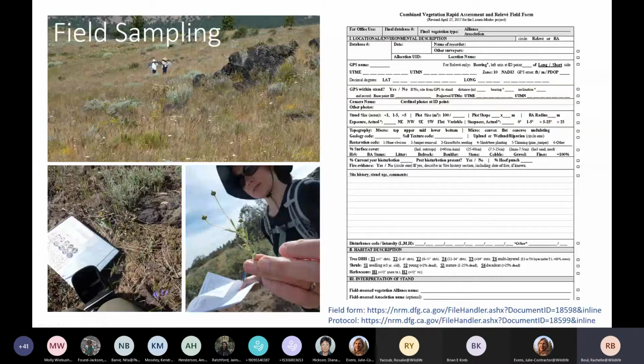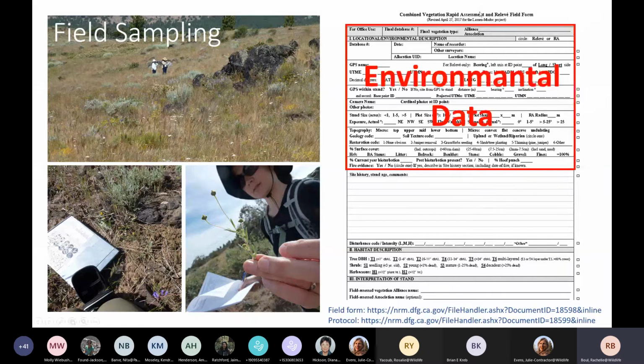The CDFW CNPS Rapid Assessment Releve protocol was used to collect all the data for this project. This protocol includes a lot of information about the stand that you're sampling and its placement in the landscape, including some environmental data such as coordinate, slope, aspect, topography, soil cover, and much more.